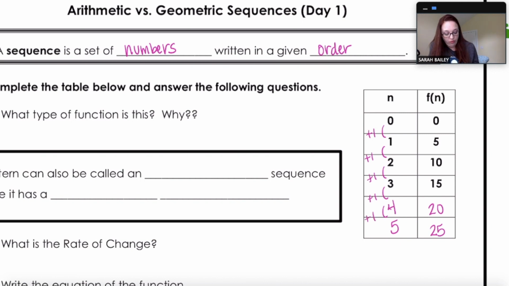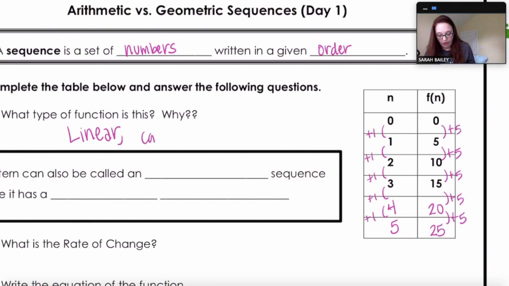On the f of n side, it looks like we're adding 5 each time. So we can say that this is going to be linear. And we know it's linear because it has a constant rate of change.